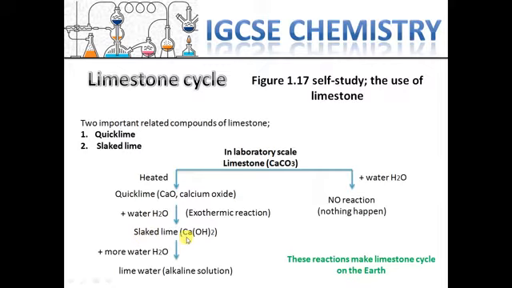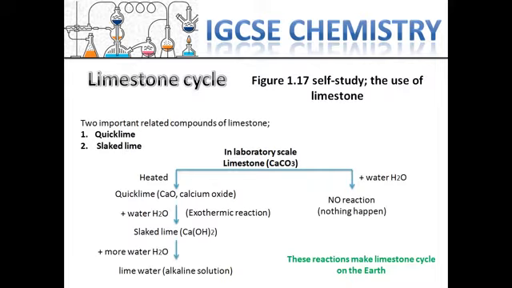Slaked lime is calcium hydroxide, Ca(OH)2. If we add more water, we can get lime water. It's an alkaline solution.